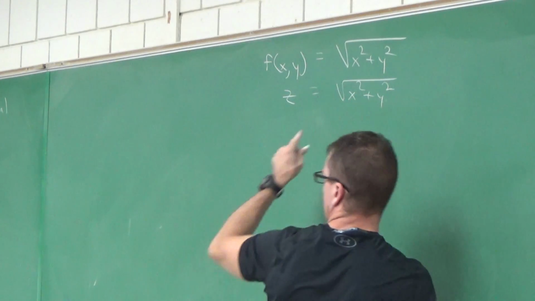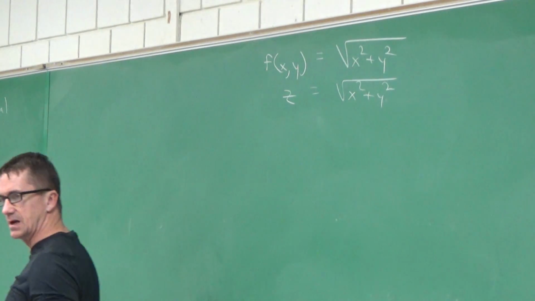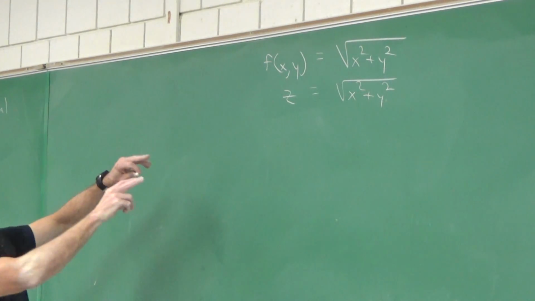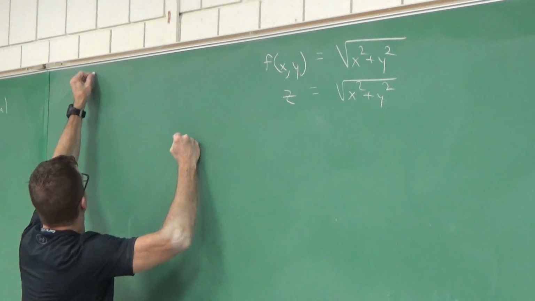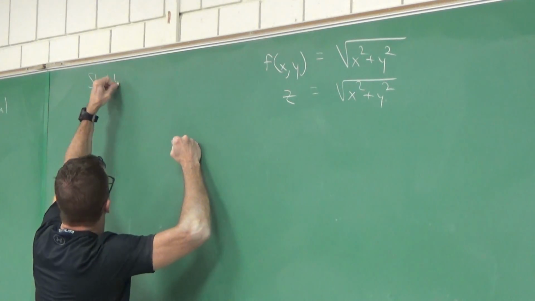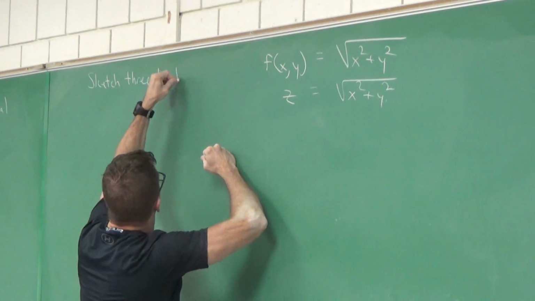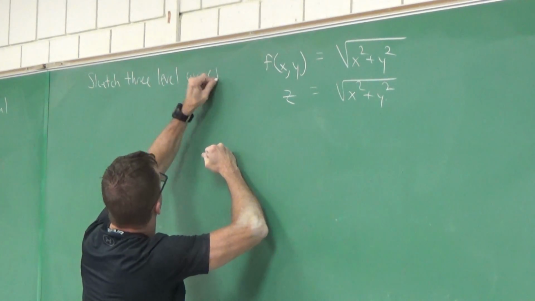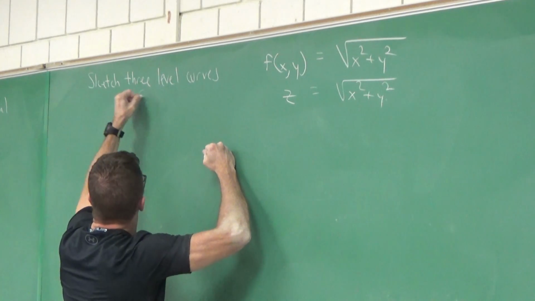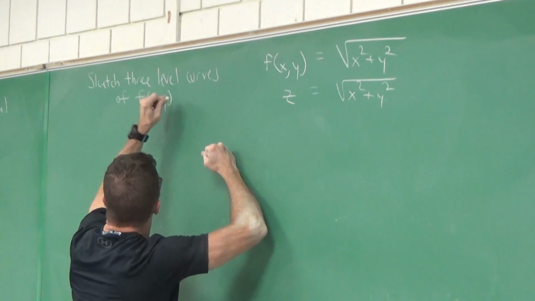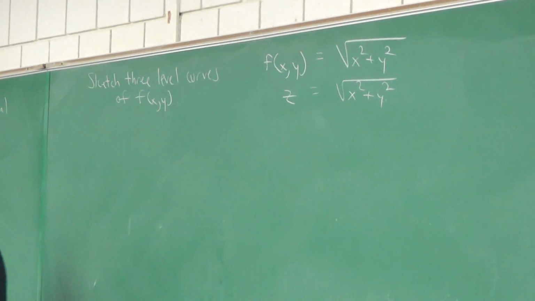I'm going to put this off to the right, and this is the problem I want us to do. I know it's not on the sheet, but we're going to take a break here and talk about level curves. I want you to sketch 3 level curves of the function of x and y. So the topic right now is level curves, and it's in section 14.1.